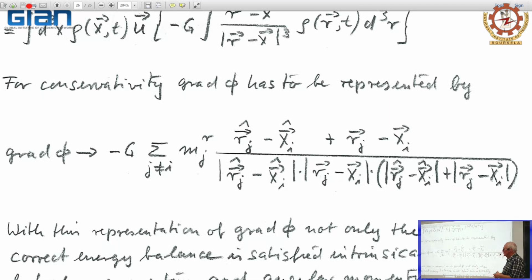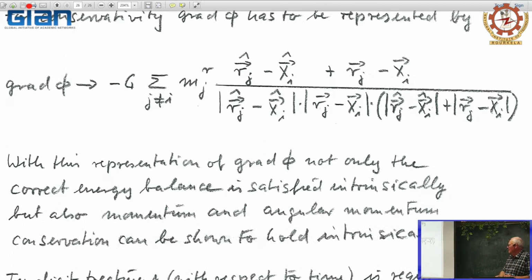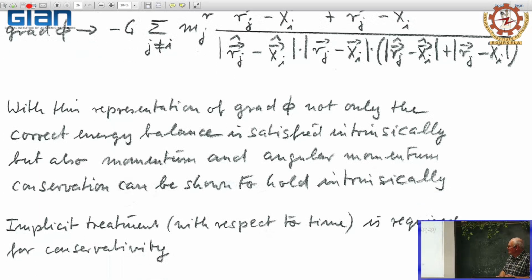That means the energy balance is satisfied intrinsically once you adopt this differentiation scheme. You would not have guessed this form of the differentiation initially, or without any support. This cannot be guessed from other points of view.